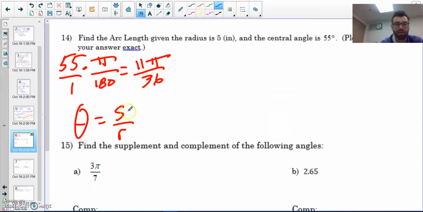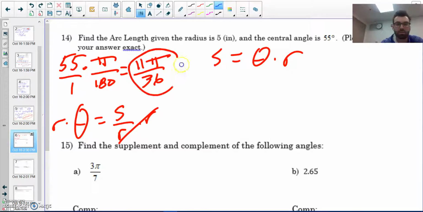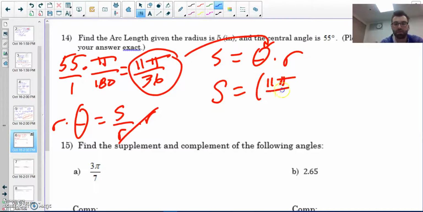So S is my arc length, so I'm looking for S equals theta times my radius. Here is my angle, because we're looking for theta in radians. So S is 11 pi over 36 times the radius of 5.